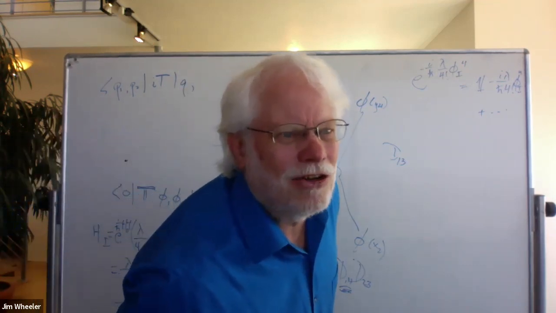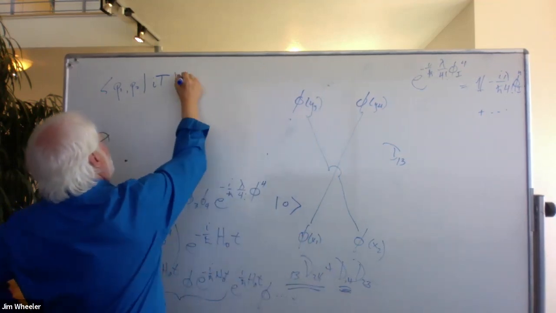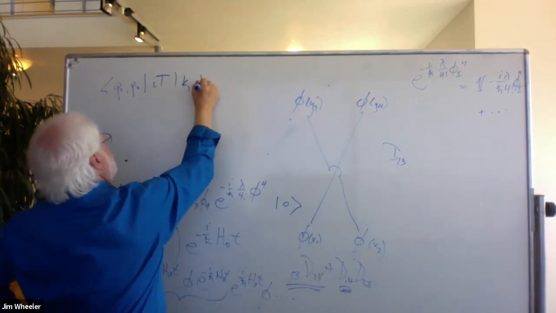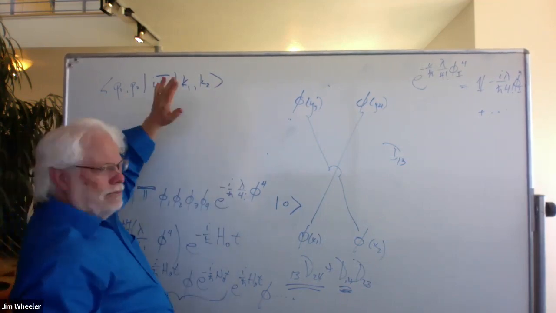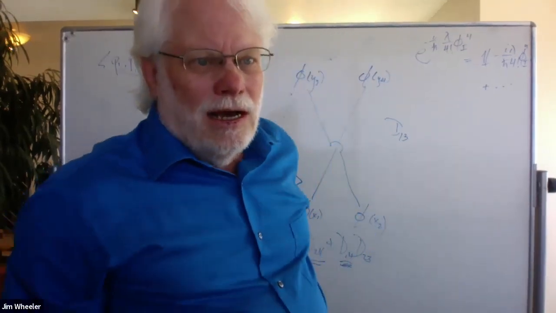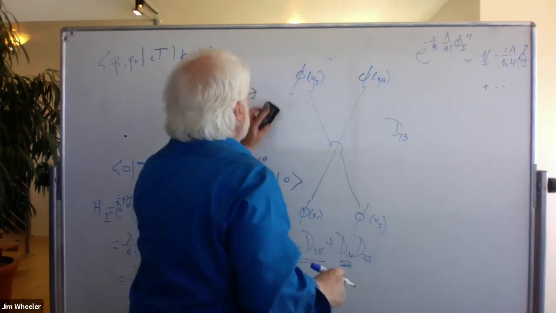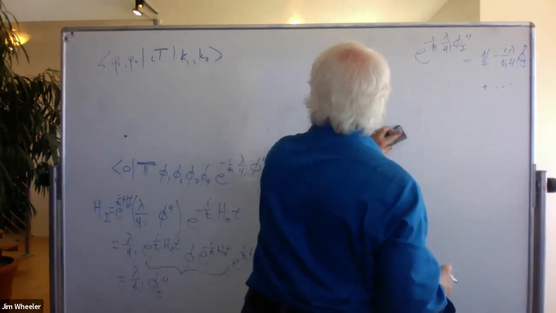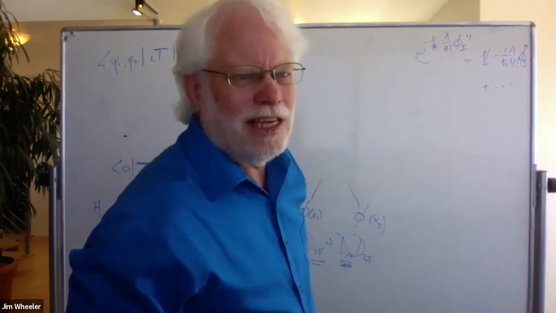I think I called these Q, no, call them K, K1 and K2. So 2 particles in, 2 particles out. We specify their momentum. And in fact, we're going to do the whole calculation in momentum space, which means we pretty much transform everything in this list.